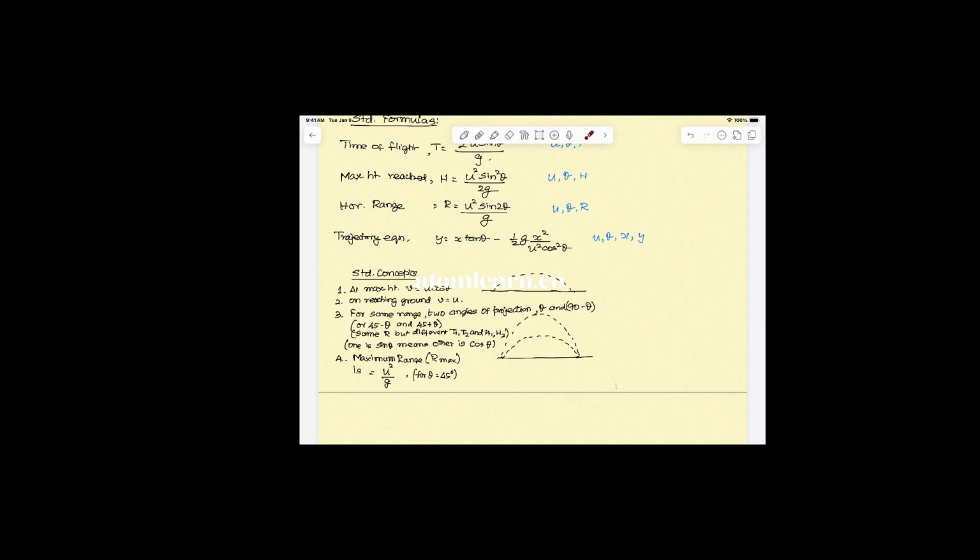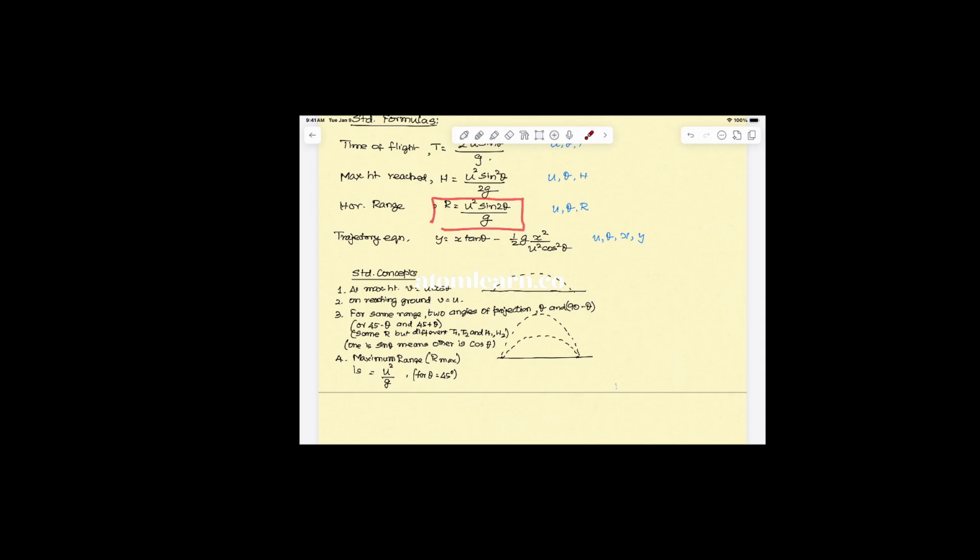That is what it is. For example, suppose we are projecting with a particular speed u at an angle 20 degrees and also 70 degrees, both will fall at the same point, both will give the same range. That is what this particular concept is.